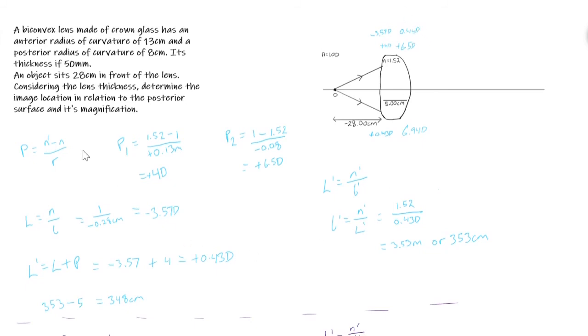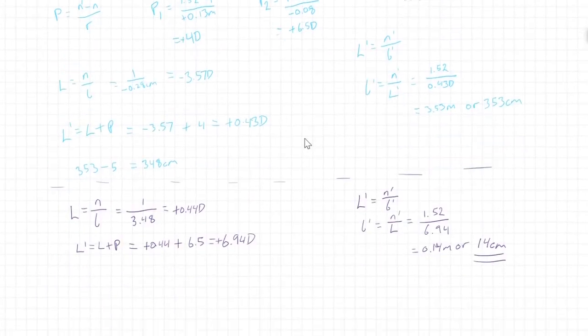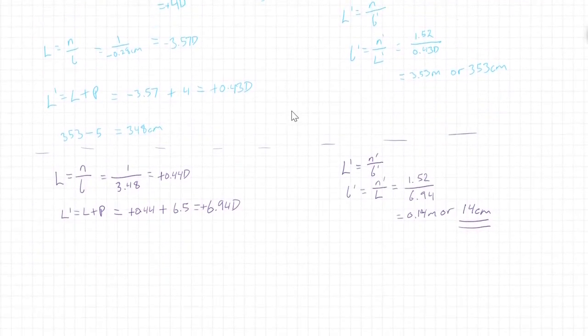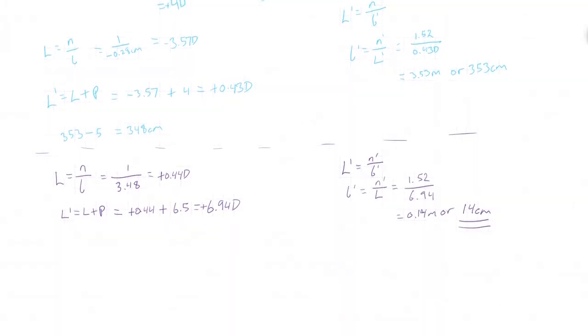Alright, and the last thing they asked us to find was the magnification. And guys, the formula for magnification, remember, is image divergence over object divergence.